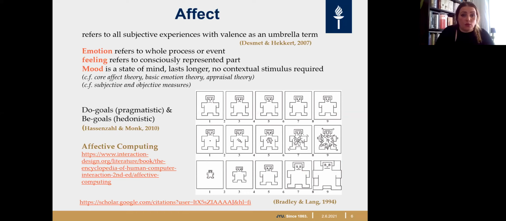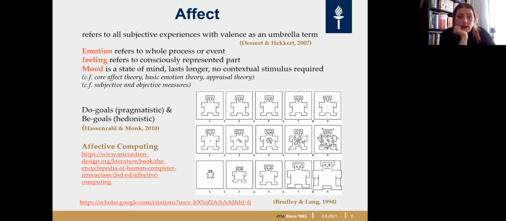For example, emotion. It refers to the whole process or event. Feeling is the consciously represented part of emotion. And mood is sort of like a state of mind. So no contextual stimulus is required for this type of affect.